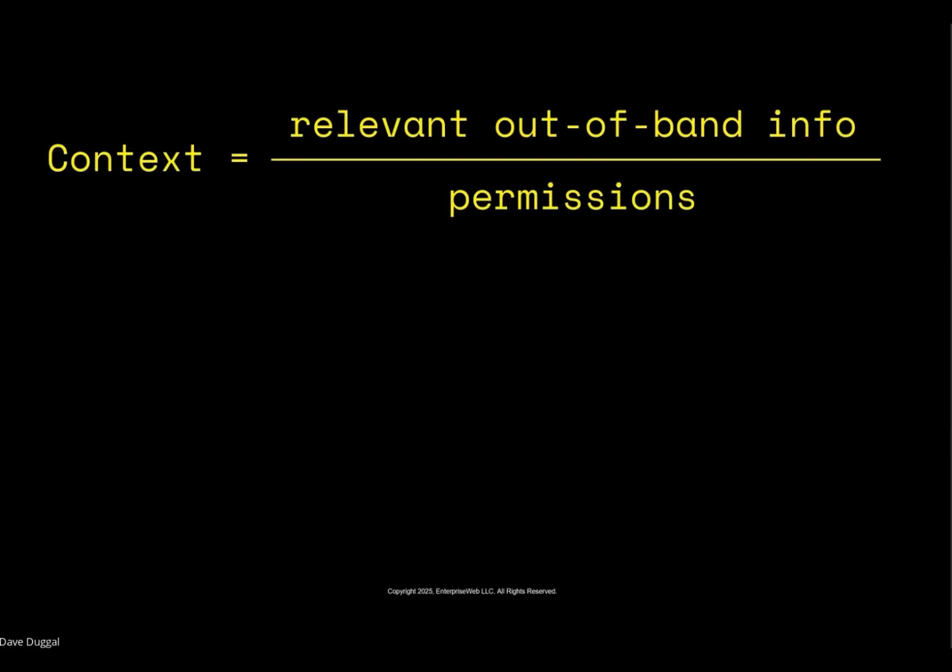You're highly regulated, and as an industry, you're also the most subject to attacks of any industry in the world. So security is critical. So relevant out-of-band information divided by permissions. In more vernacular terms, you would just call that the right information, at the right time, to the right client, right?